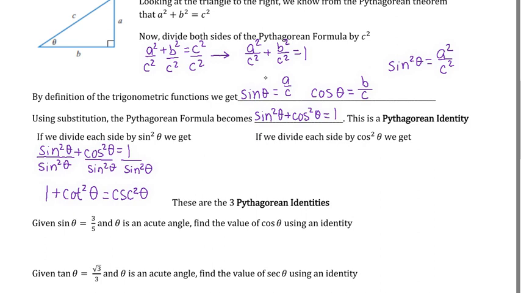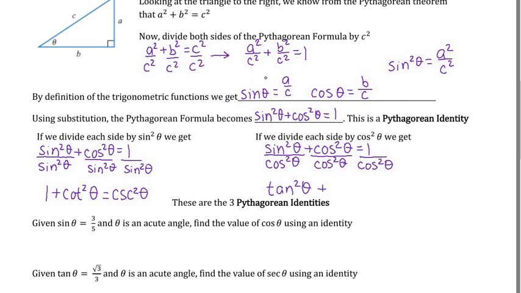Now let's do the same thing dividing by cosine squared. So we have sine squared theta plus cosine squared theta equals 1, and dividing everything by cosine squared theta. Sine divided by cosine is tangent, so sine squared divided by cosine squared is tangent squared theta.